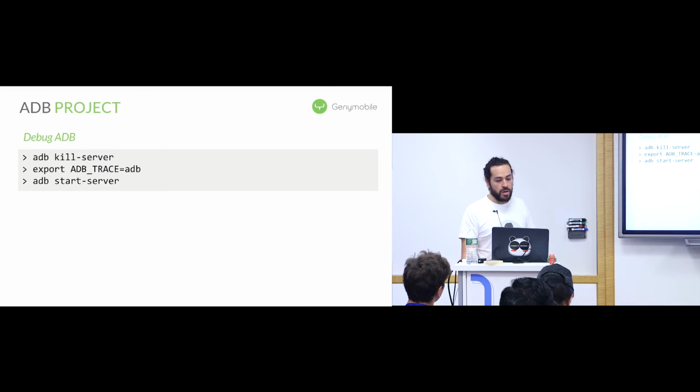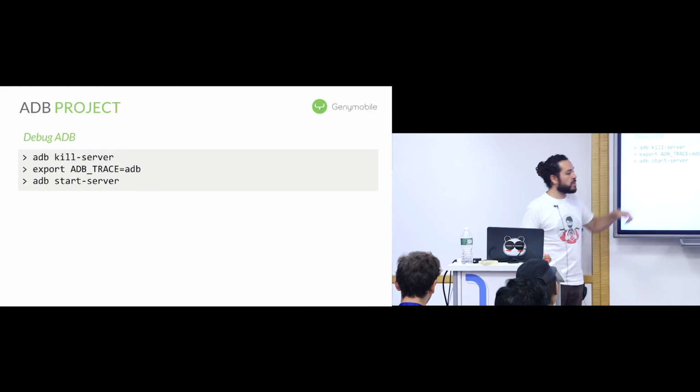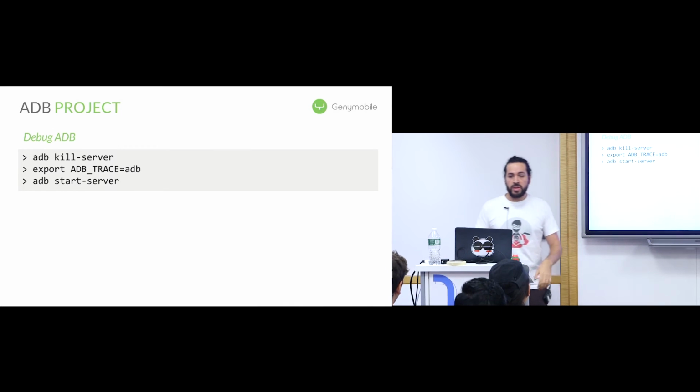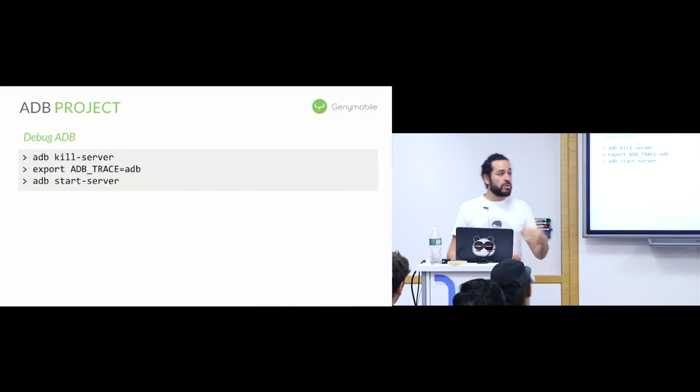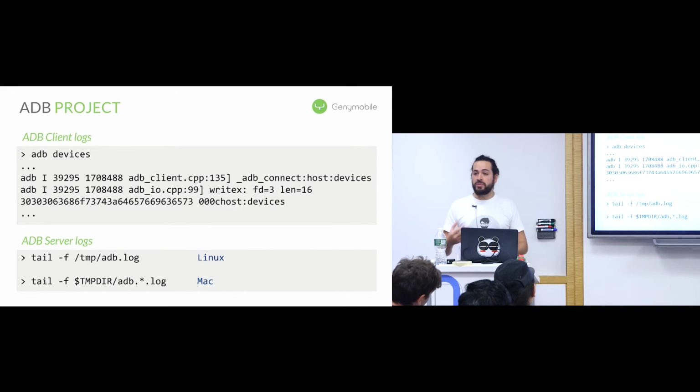Another interesting thing: you can try to debug ADB locally and see what's happening from inside. If you kill the server, export this environment variable, ADB_trace, set it to all or adb, and then restart the server, you will have more logs, and it will be very verbose.